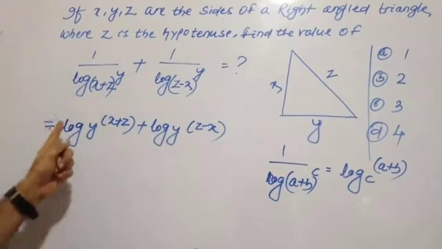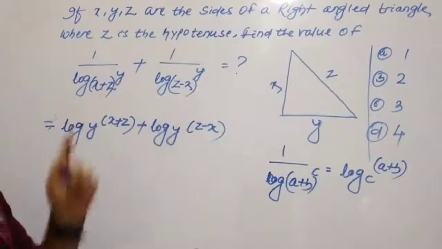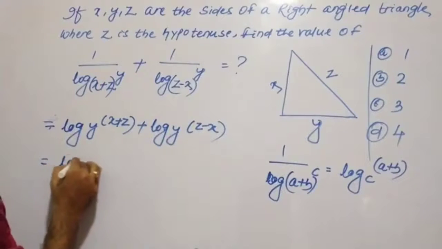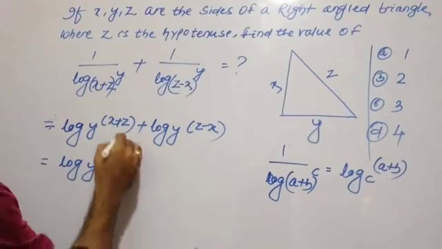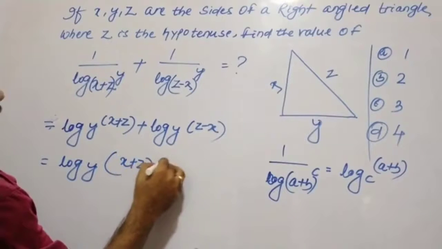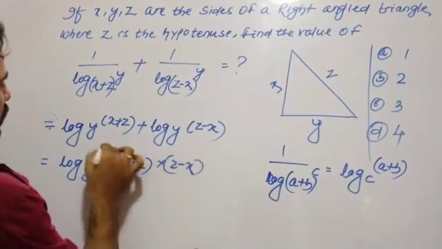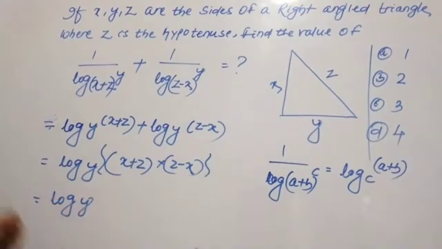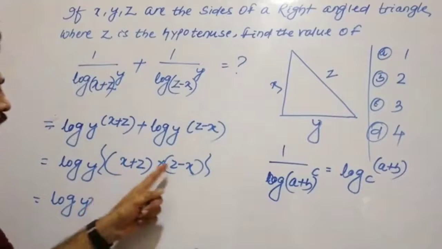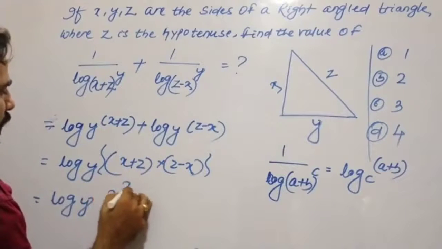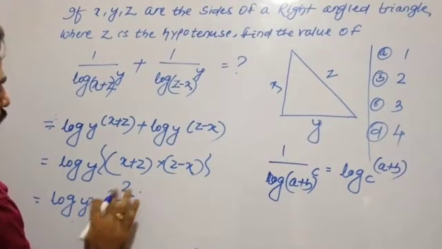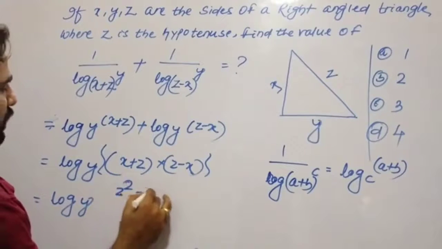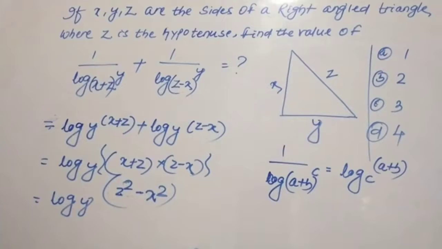By using the product law, log m plus log n to the base a means log y to the base (x plus z) into (z minus x). Same, that is log y to the base (z square minus x square). The value is log y to the base (z square minus x square).